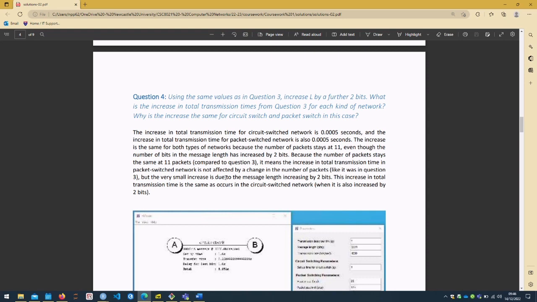Now that you have the 11th packet, if you just add another 2 bits, that has a minimal increment in the total transmission time, because you have the 11 packets being sent, the 11 headers, so you don't need a new packet, so the increment in time is the same as in the circuit switch network.